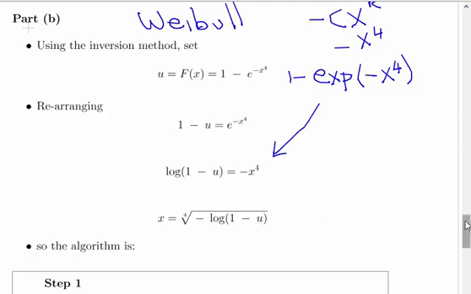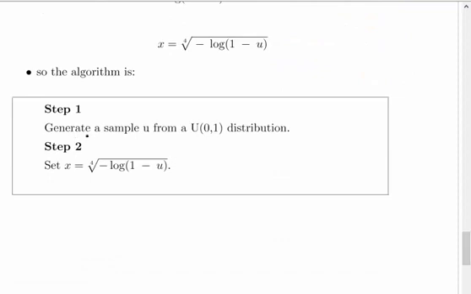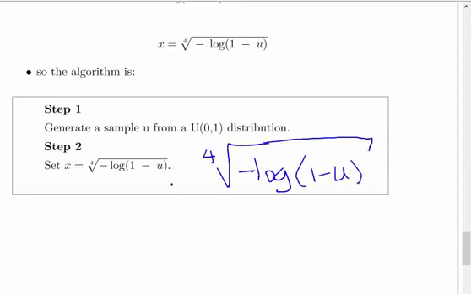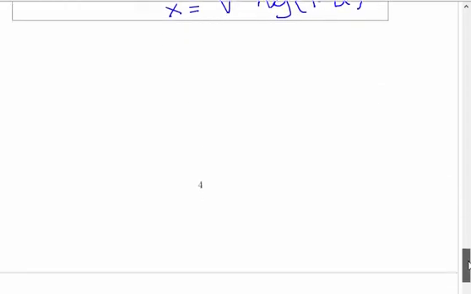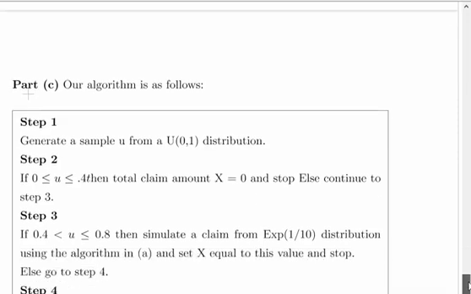So generate a sample u from the uniform distribution with parameters 0 and 1, min and max, and then we get the fourth root. Just to be clear, that's the fourth root of minus log of 1 minus u. If you get some value u, just perform this calculation to get the corresponding realization for the Weibull distribution.